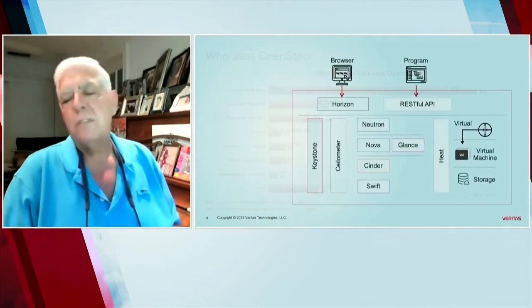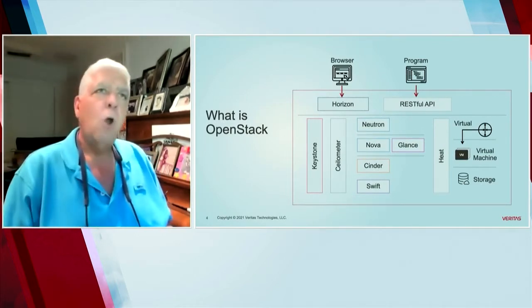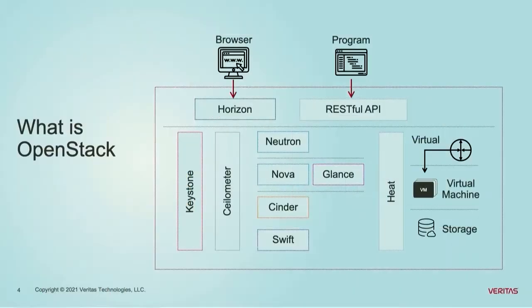So what is OpenStack? Let's just start with the basics. OpenStack is a cloud operating system that controls large pools of compute, storage, and networking resources throughout a data center, all managed and provisioned through APIs to give you flexibility and access with a common authentication method throughout.